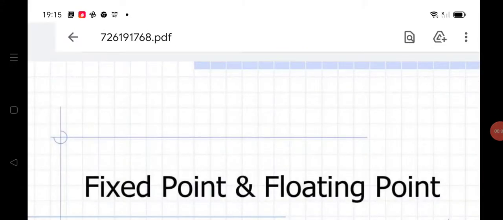Hello students. Today let us start with our first topic related to our subject, which is known as fixed point representation and floating point representations. So our main topic is data representations. From your childhood you have come across different types of data representations, like decimal data representations, fractional values, integer values.